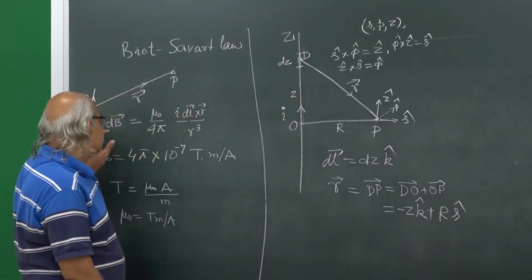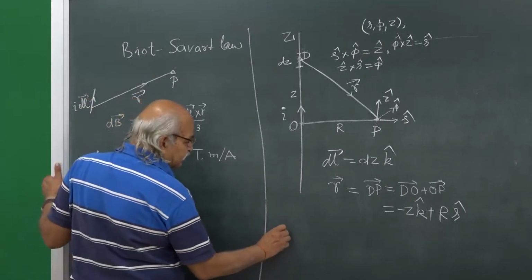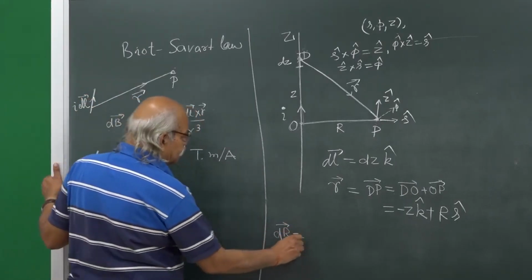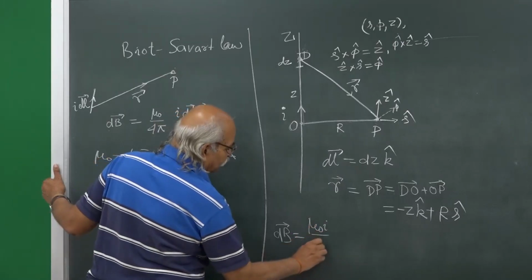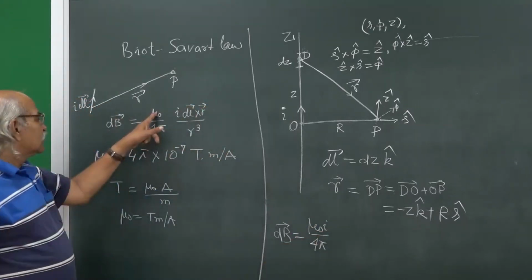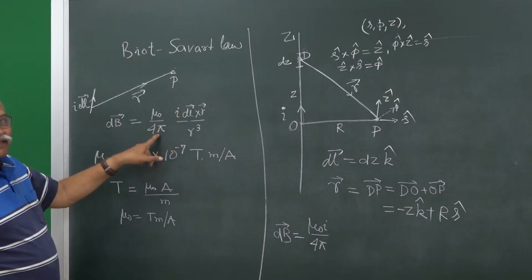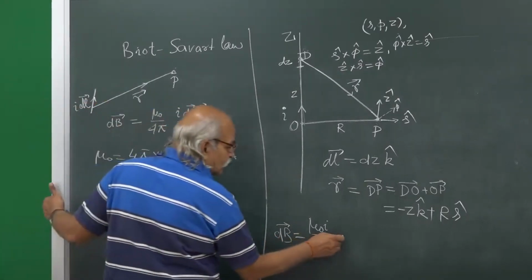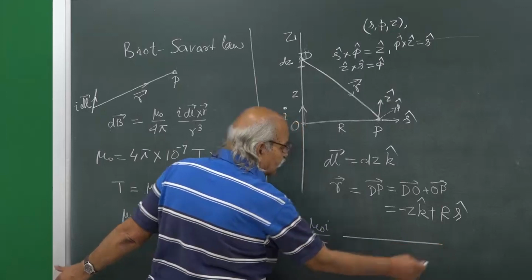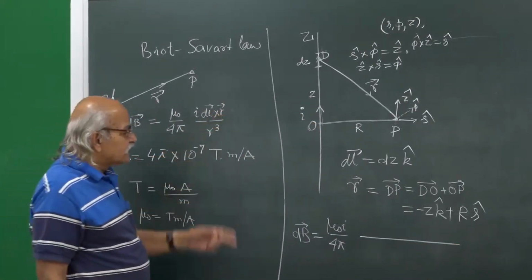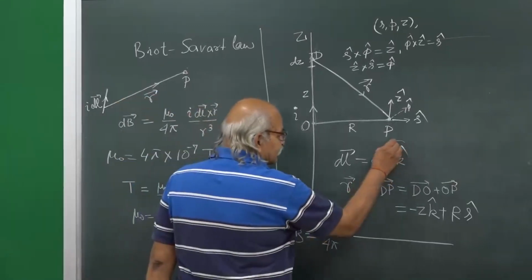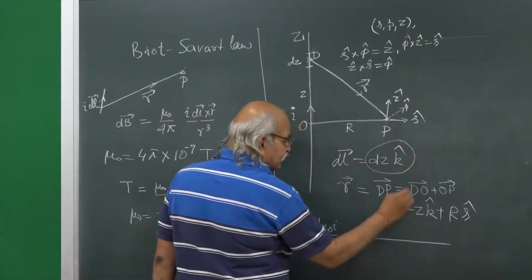Now, calculate dB. dB vector is mu naught I by 4 pi, then dl vector cross r vector.